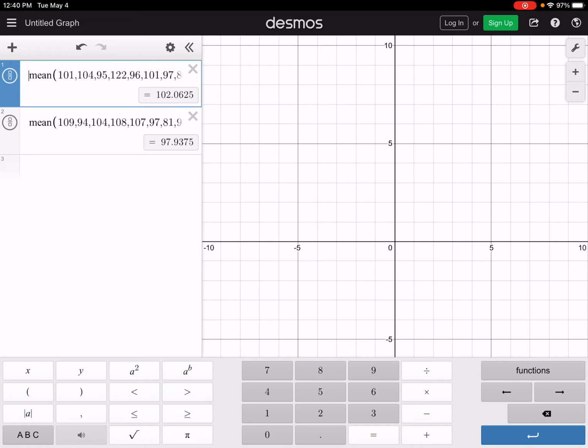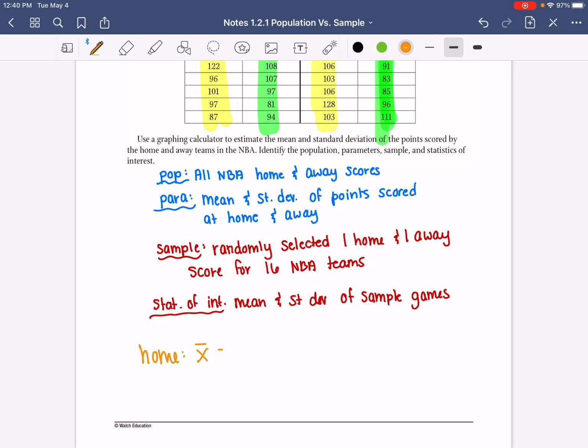So the mean, we'll do the home games first. The mean, which is X bar, was 102. And for the away games, the mean, which is X bar, was 98. Then we're going to find our sample standard deviation, S. The way that you can do that, still using Desmos, is exactly what I had before.